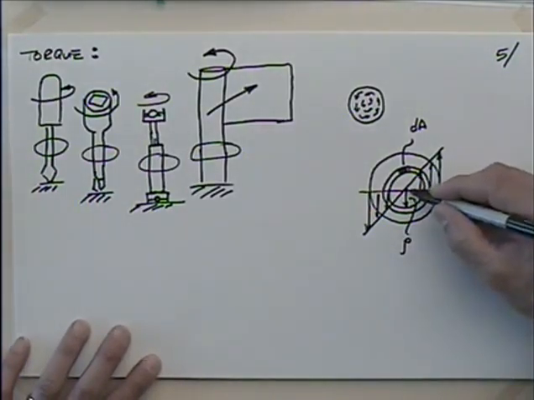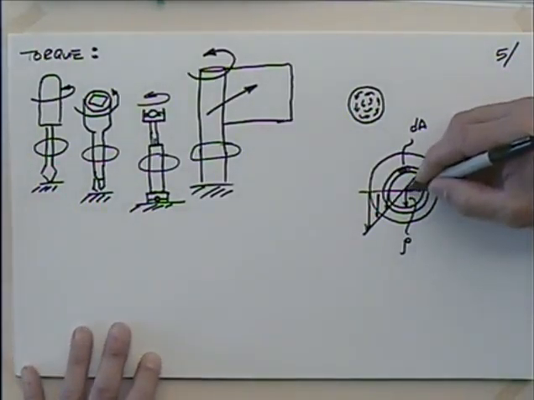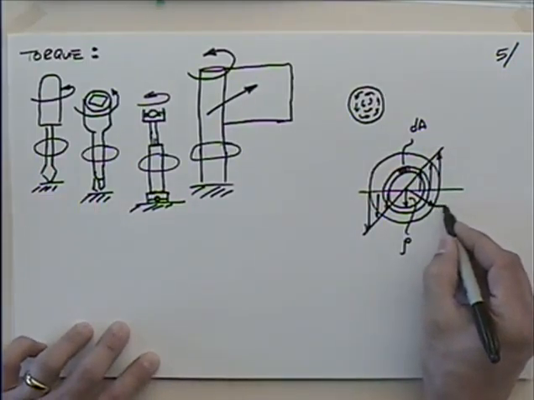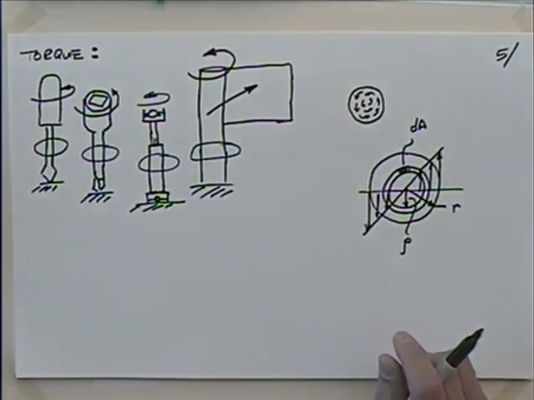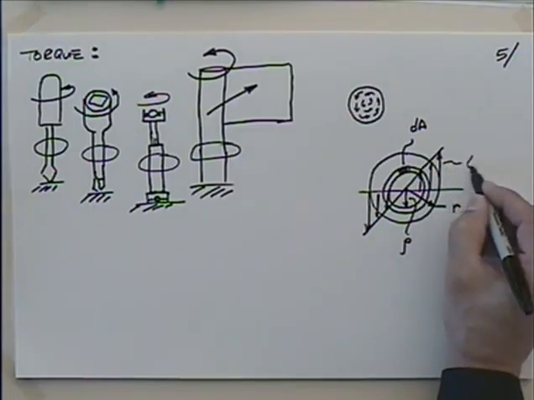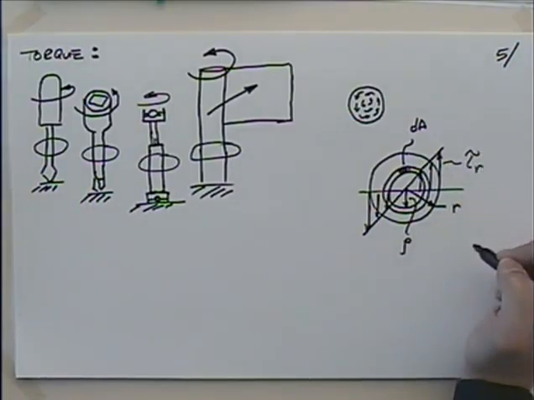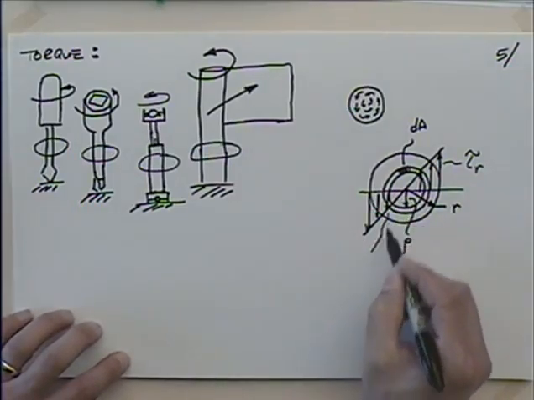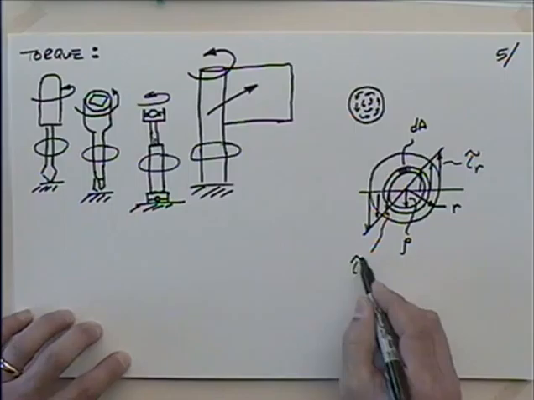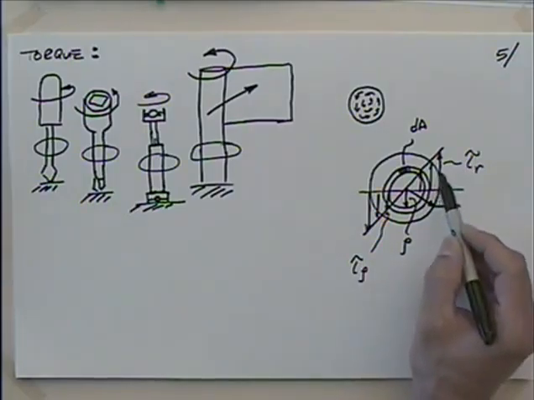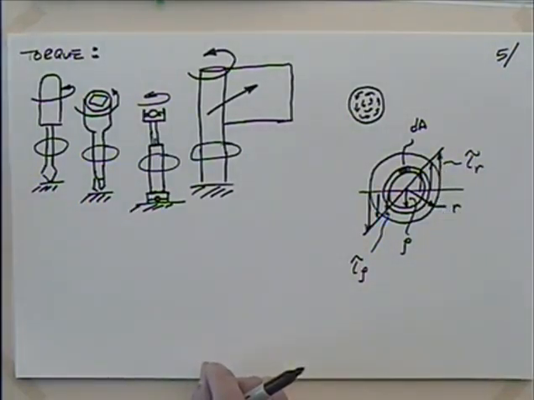And I'm going to say that the radius of this entire thing out to there is given as r. Okay. So I could talk about this shear stress here. I could talk about that as tau sub r. Whereas if I wanted to talk about this shear stress right there, I could talk about that one as tau sub rho. Tau sub rho is the shear stress at the distance rho out from the center. Tau sub r would be that extreme shear stress out at the extreme edge of this thing.